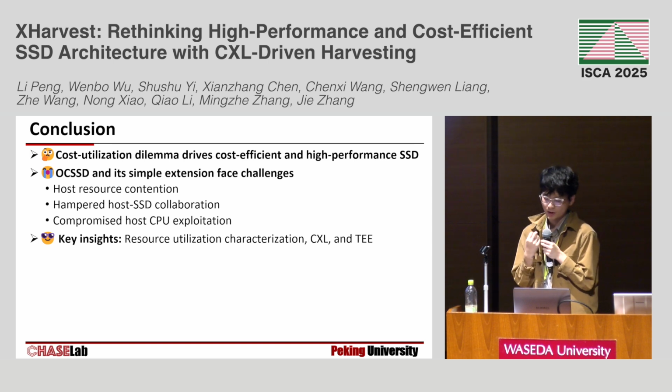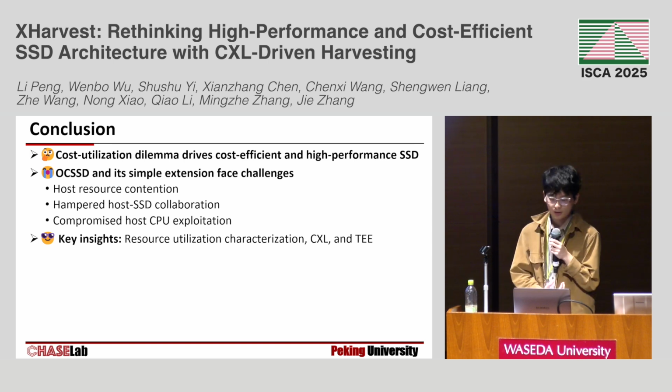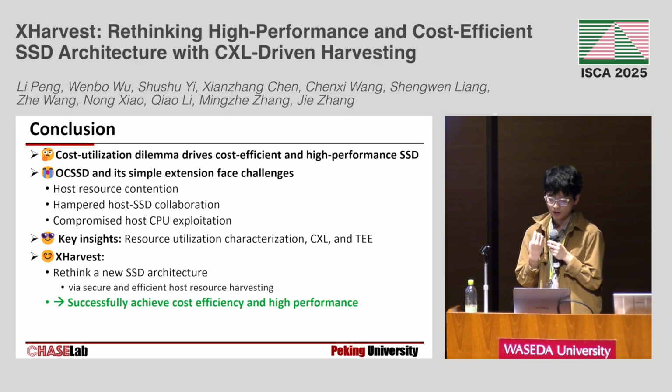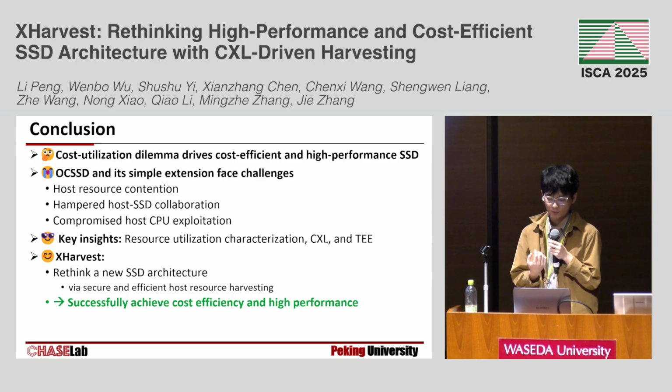Inspired by key insights from resource utilization characteristics, CXL, and TE technologies, we propose XHarvest. Our design rethinks a new SSD architecture by enabling a secure and efficient host resource harvesting mechanism, successfully achieving cost efficiency and high performance.